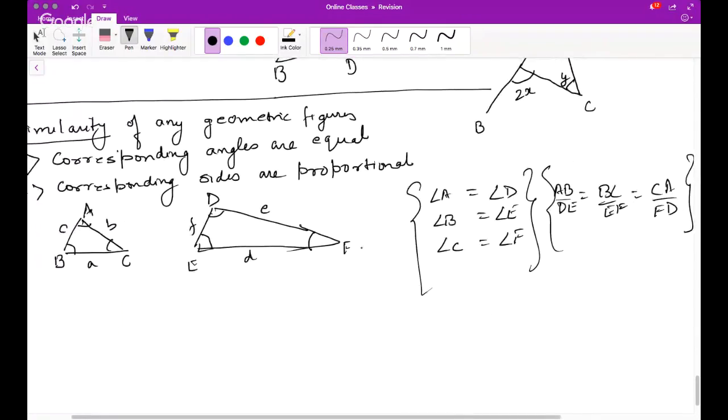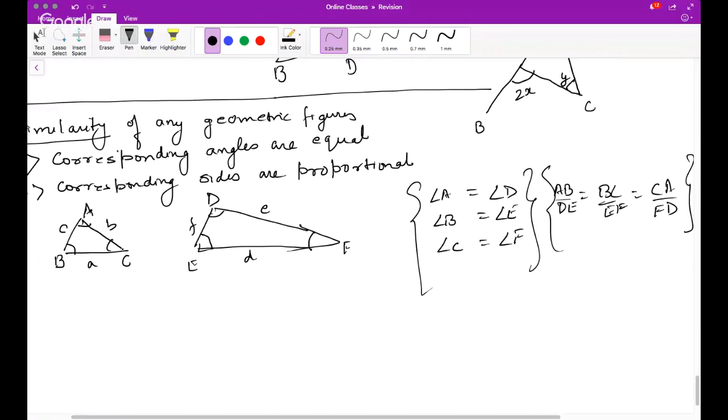Now, for triangles, you don't need all 6 criteria to be fulfilled. Why is that? Because if a few of them are fulfilled, they are sufficient to say that all the others are also fulfilled. We figured out that if all 3 corresponding angles are the same, then it can be proved that the sides would be proportional.